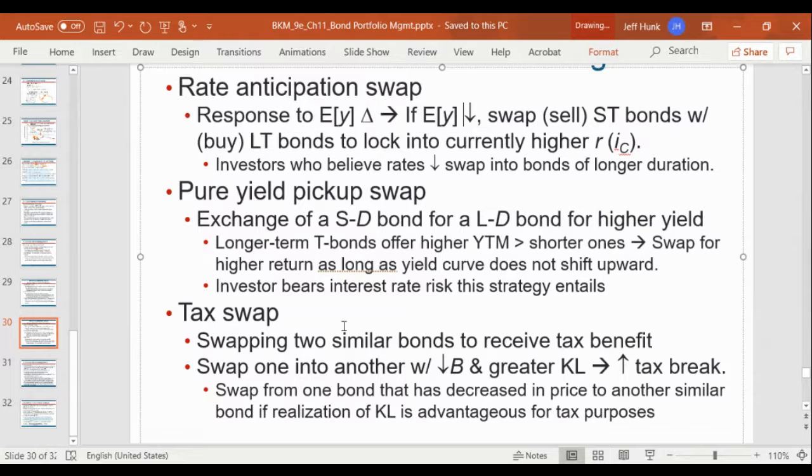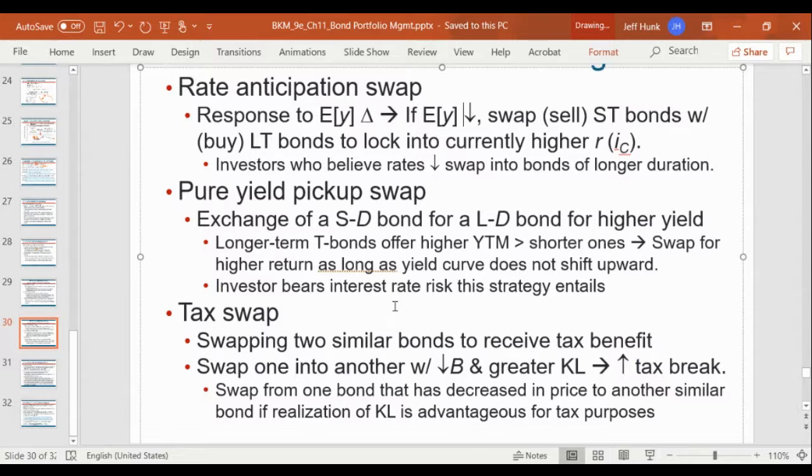Now, although everyone would like shorter duration, because you're getting your payback sooner, why would you swap it with a long-duration bond? It's the same reason: maturity risk.